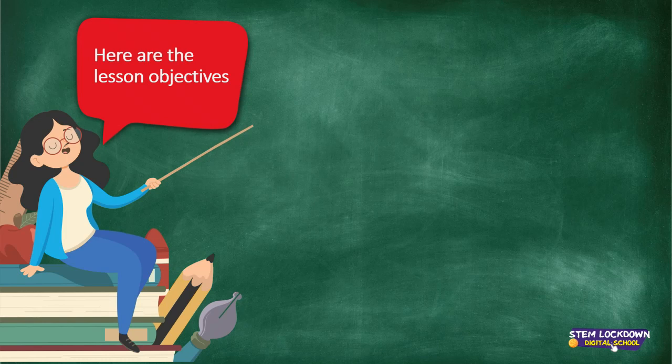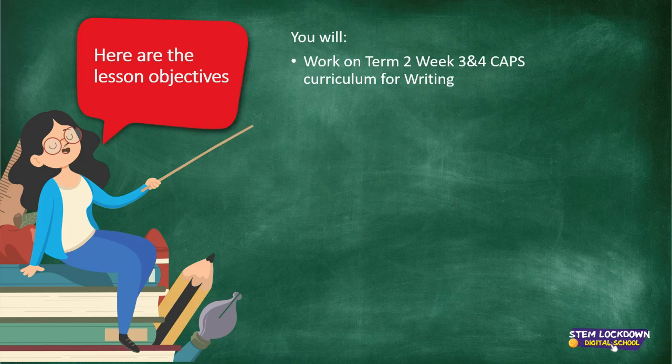Today we're doing a writing lesson based on what we've been doing this week in our CAPS. We've had the topic of endangered animals, as you know. First of all, we'll be working on term 2 weeks 3 and 4 of CAPS. We'll start off by reviewing 2 descriptions from earlier this week.